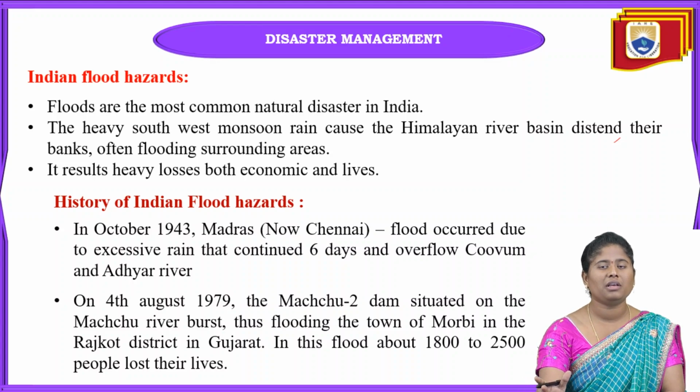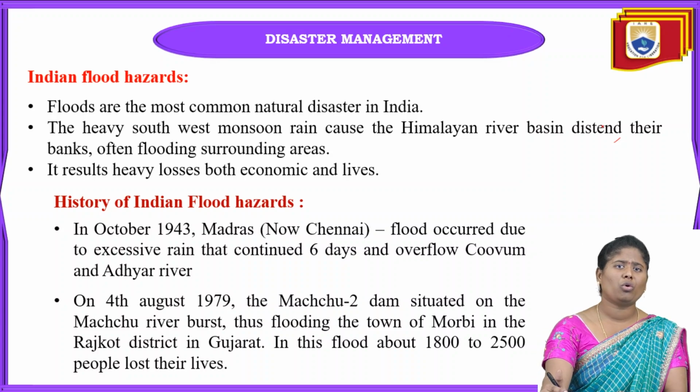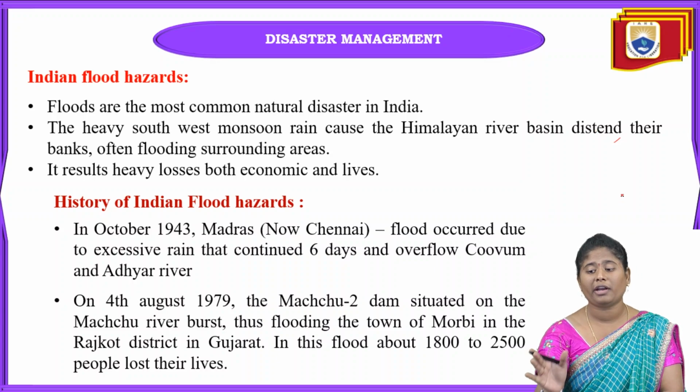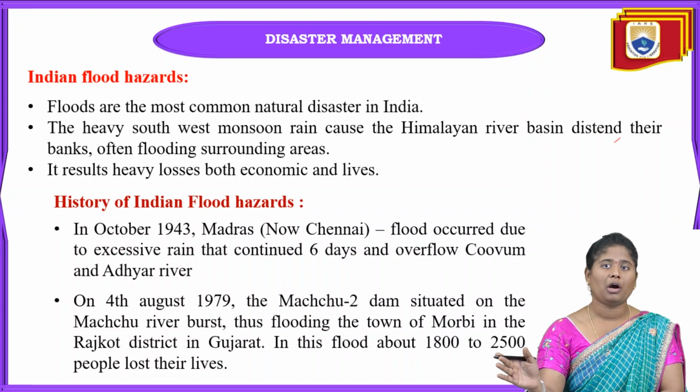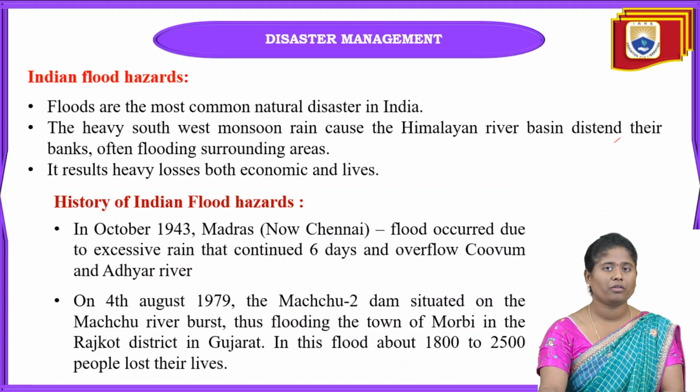Because of the continuous heavy rainfall, the Cooum and also the Adyar river overflowed and flowed downstream towards the agricultural fields and also the developed area. This was also one of the very drastic disasters that happened at that time.